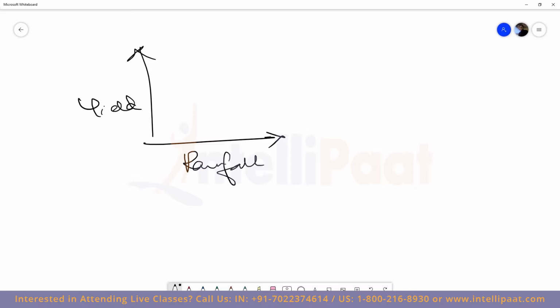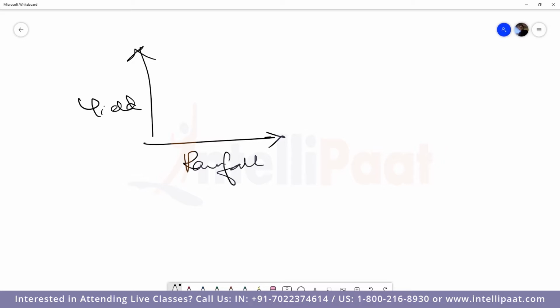Mind you, rainfall may not be the only variable causing this. There could be 100 other reasons why in a certain year a certain crop has yielded a certain value. But one of the primary reasons is the amount of rainfall. So let's solve it with a single variable.